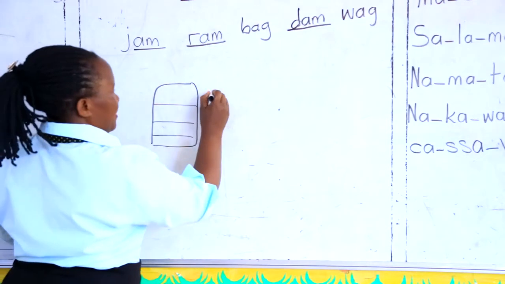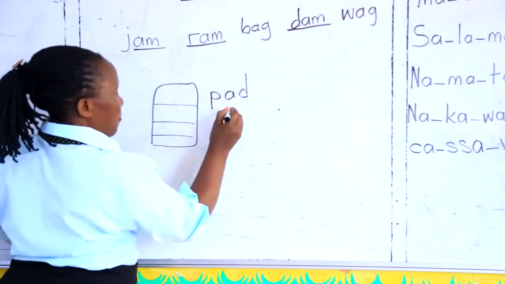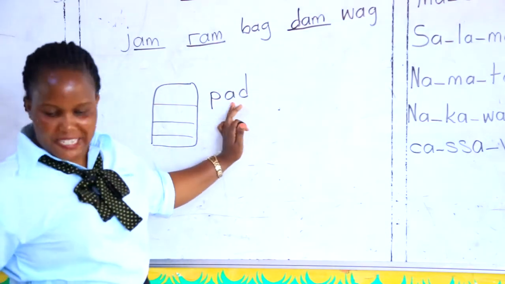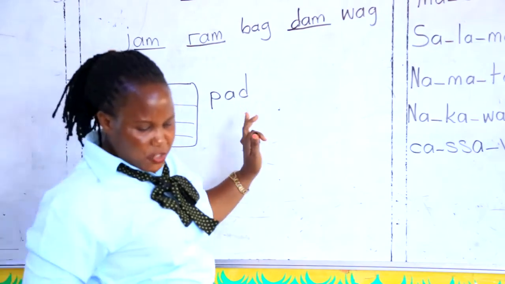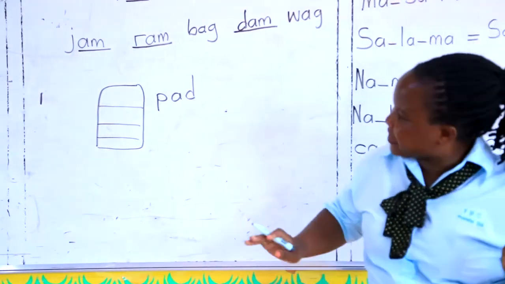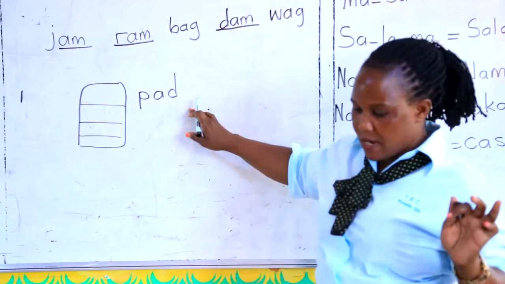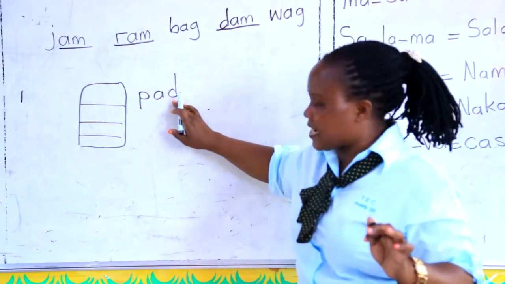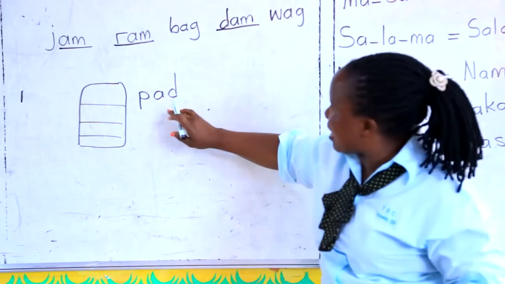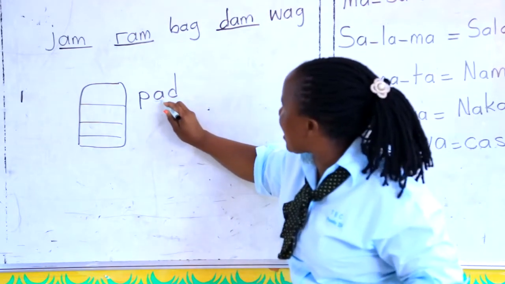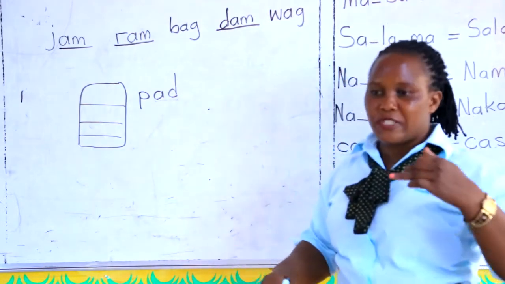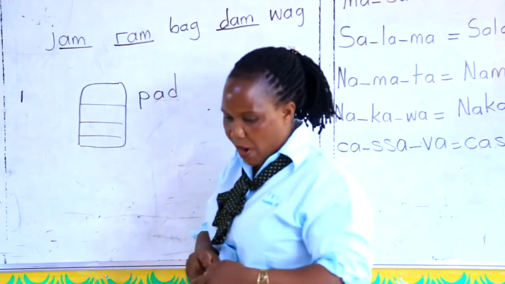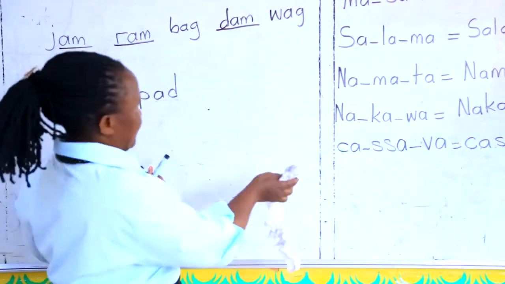This word pad, I think you can see the word pad. That one has got add. Has got what? Add. So look at the words which have got add. I'm told that this is a writing pad and this is the word pad. So look at the words which have got add. That means that those are the words which rhyme with the word writing pad.